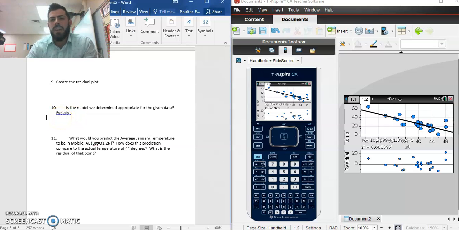So now we can look at our residual plot. We can answer this question. Since it's seemingly random, as we saw in the notes, when it's randomly distributed, there's no clear pattern. They're evenly above and below. That's a good sign.